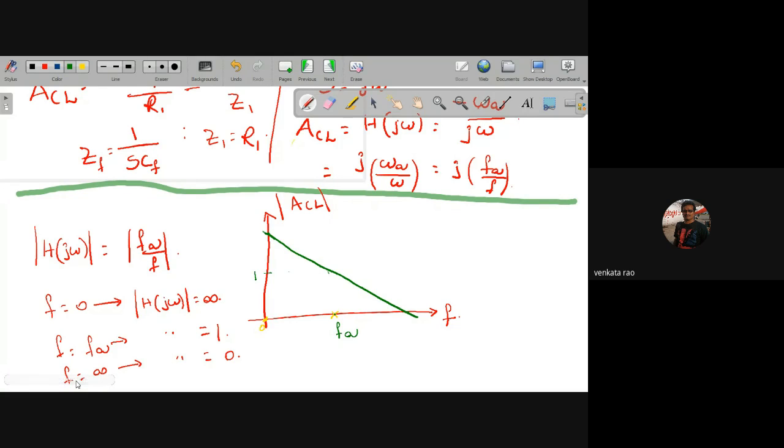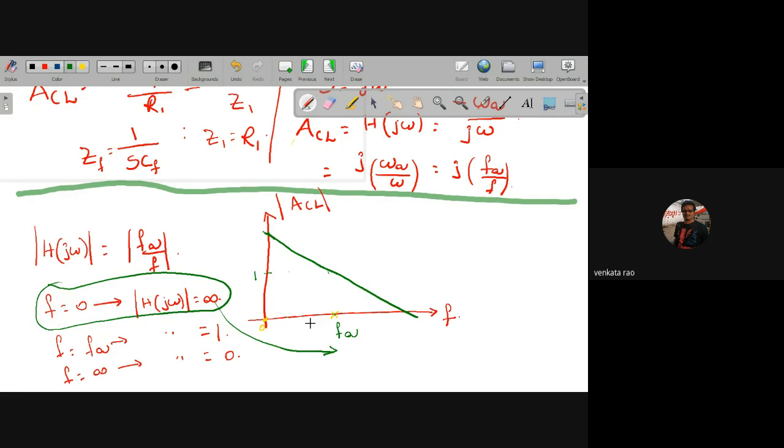There is one drawback in this. That is, at low frequencies, its closed loop gain or transfer function is infinity. That means at low frequencies, it is not stable. The purpose of giving feedback to your system is to provide stability. Providing stability means the output values should not be infinity; they should be a known, definable or representable value.